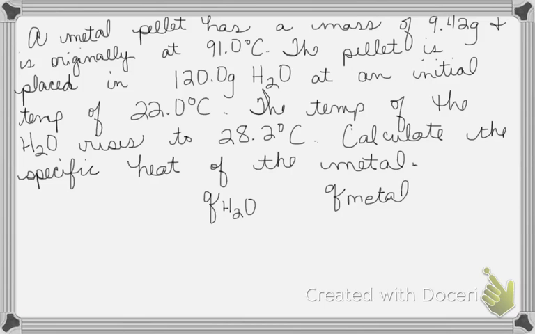How would we calculate the heat that the water absorbs? If we're wanting to know Q for the water, I'm going to have to go to another page and just flip back and forth.